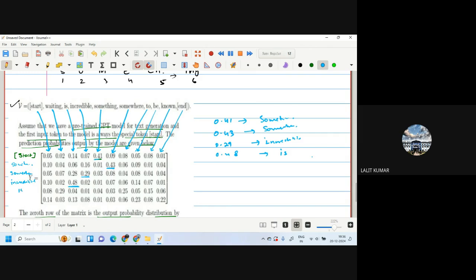We give is, and the maximum is 0.29, which is waiting. Now we give waiting, and the maximum is 0.23. So the text generated will be: something somewhere incredible is waiting to.